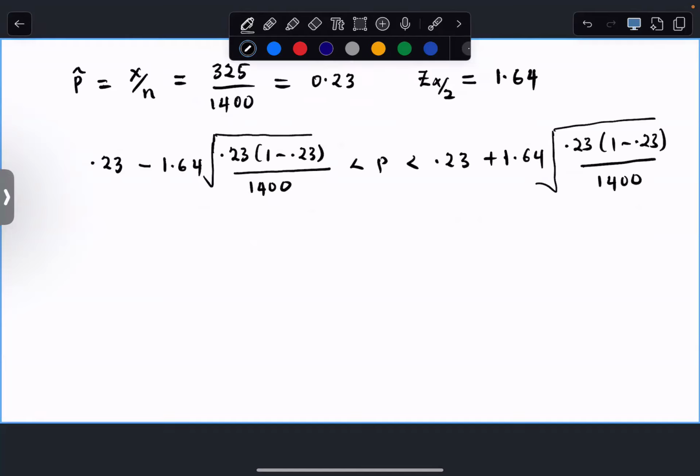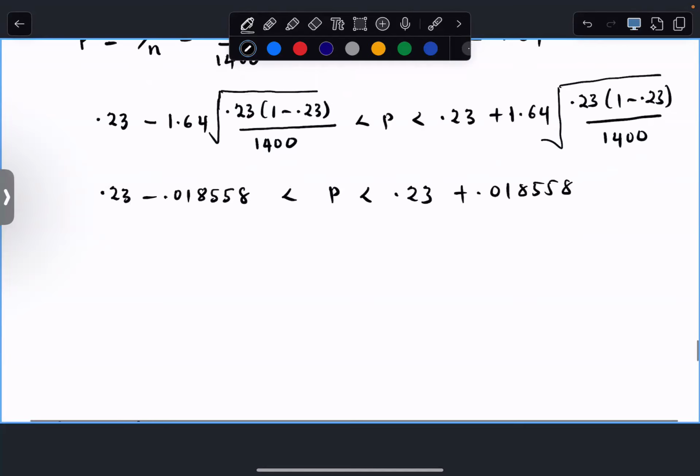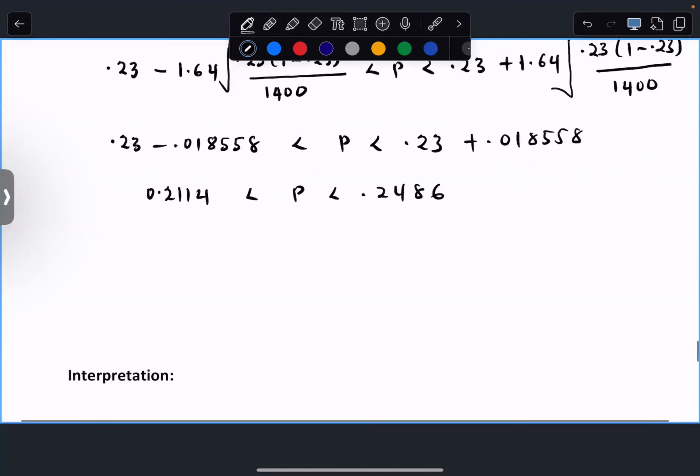If you solve this, you get 0.23 minus 0.018558 less than p less than 0.23 plus 0.018558. So this will end up being 0.2114 less than p less than 0.2486. You can put this in bracket form, 0.2114, 0.2486.